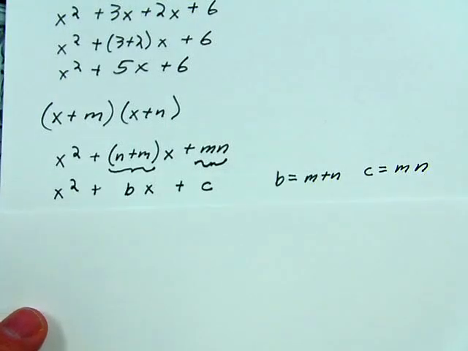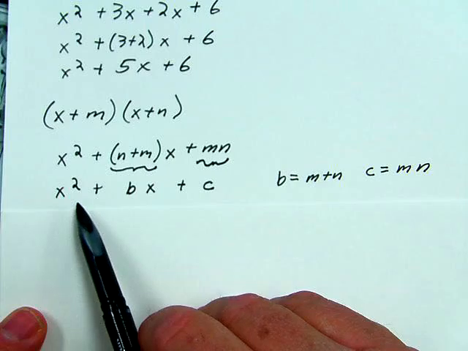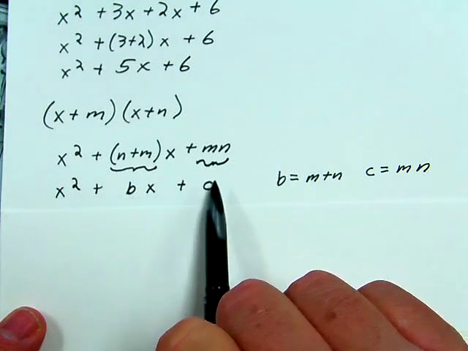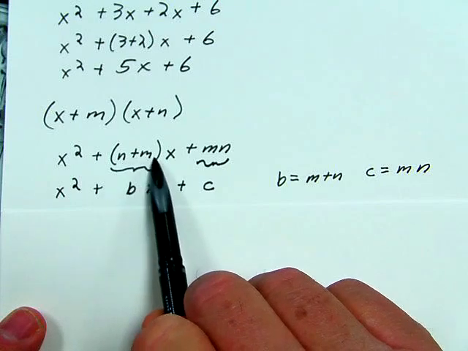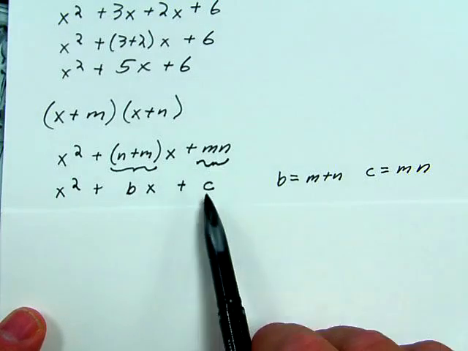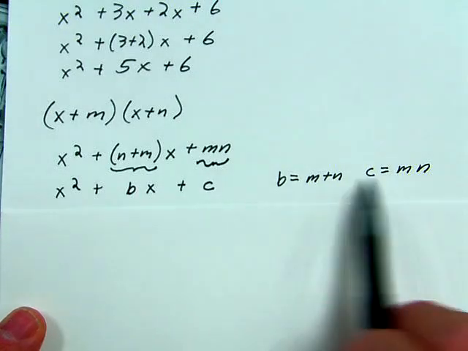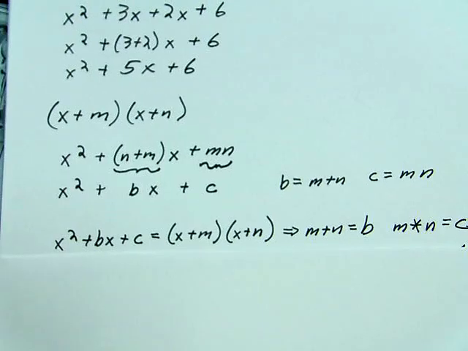Okay? So if you look at this in the form of x squared plus bx plus c, you'll notice that b takes the place of n plus m, or m plus n, and c takes the place of m times n. Since you know that's the pattern, we can start building some equations.